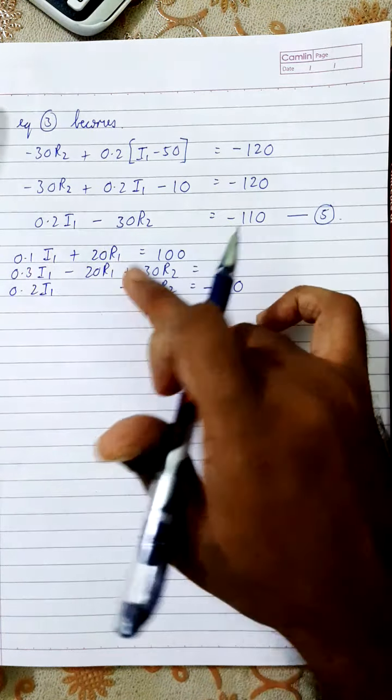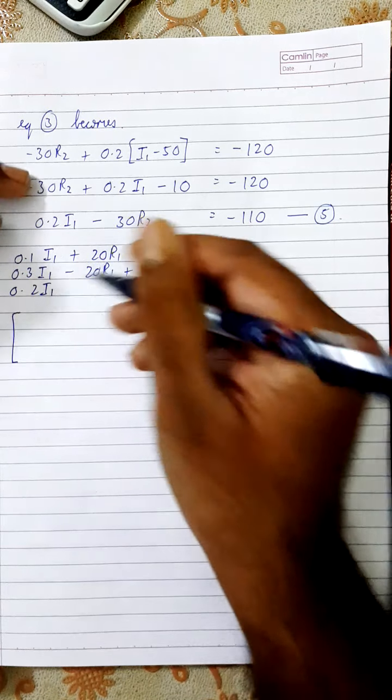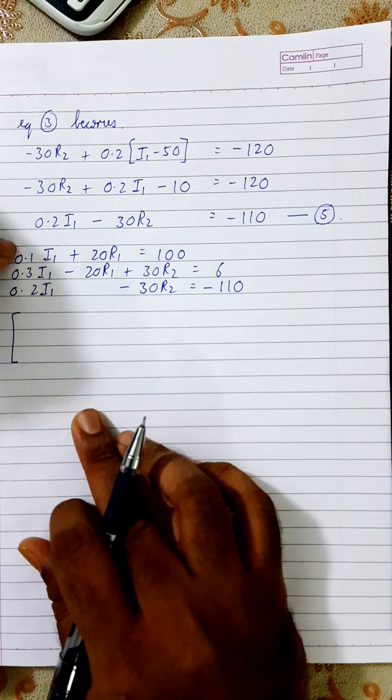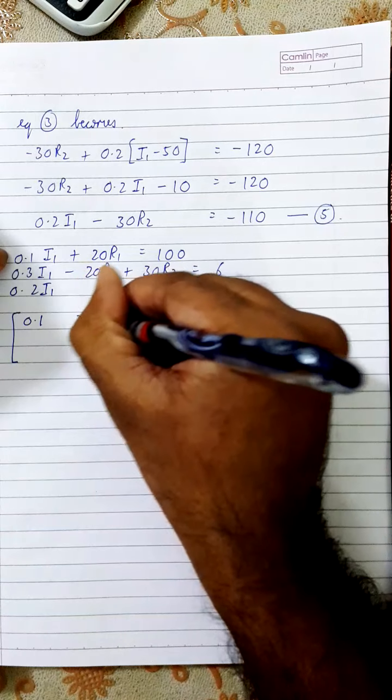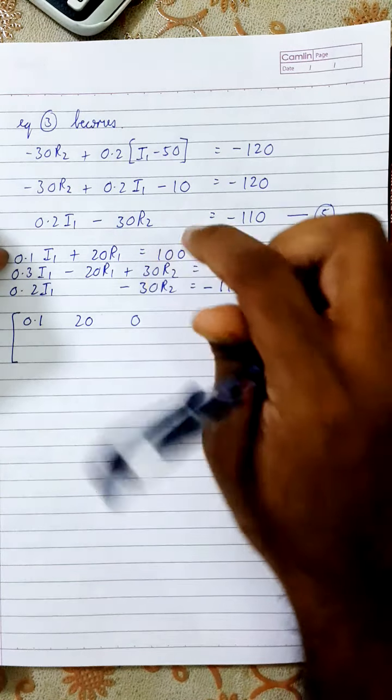So now I'm going to apply matrix form to these equations. Three equations, three rows. Let's talk about the first equation. The coefficient of I1 is 0, the coefficient of R1 is 20, and the coefficient of R2 is 0 because there is no R2 in the first equation.